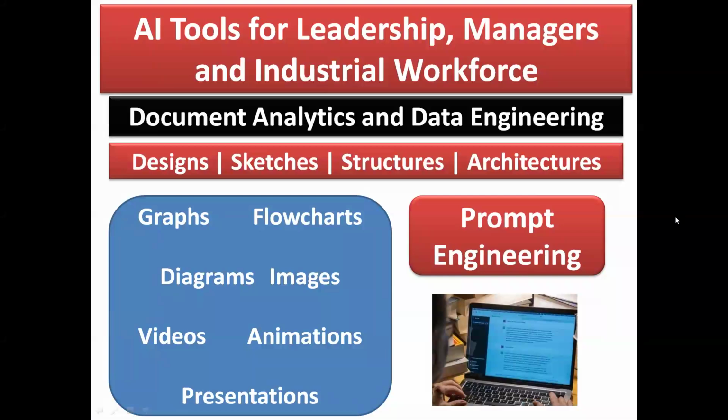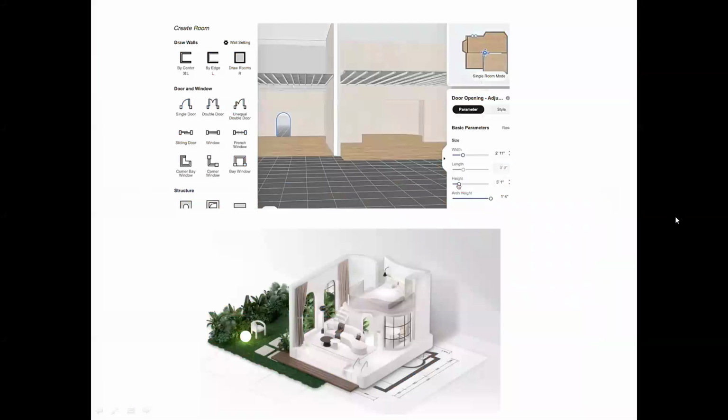If we are from some core engineering domain like mechanical, civil, structural engineering, many times we have to generate floor plans, 2D, 3D drawings, or the floor plan of a particular architecture. With artificial intelligence, all of these designs can be generated.